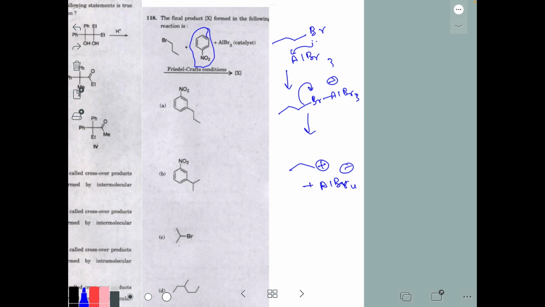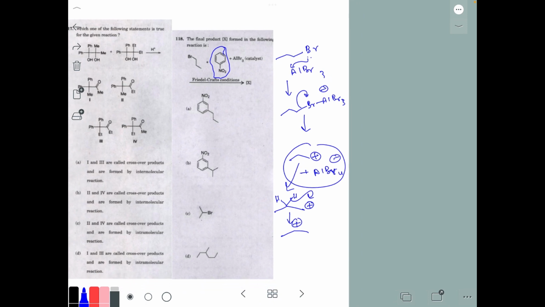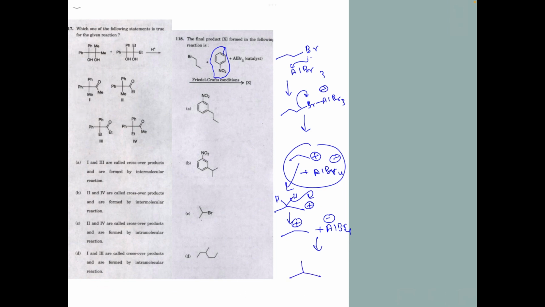Okay, this primary carbocation will undergo 1,2 shift, 1,2 migration to give the corresponding secondary carbocation. This is not stable, so it reacts with aluminum bromide to give the corresponding 2-bromo propane.